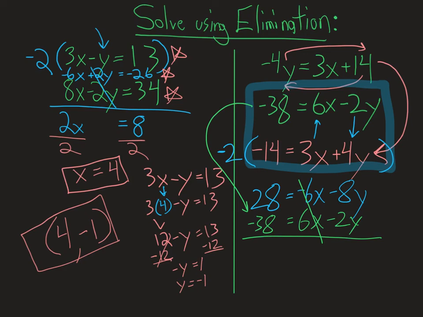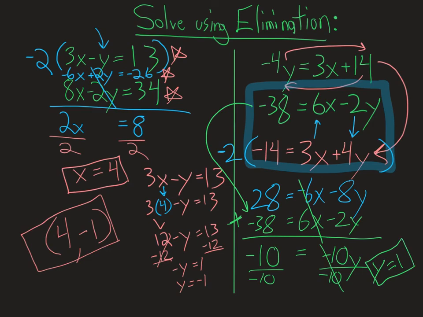My opposite pair, -8 and -2y is -10y. Remember, we're adding these guys together. And 28 plus -38 is -10. Which makes it really easy to see what my y is. That's the whole point of doing elimination. Look how easy things become. You end up with y equals 1. Those 2 negatives cancel. 10 over 10 is 1.